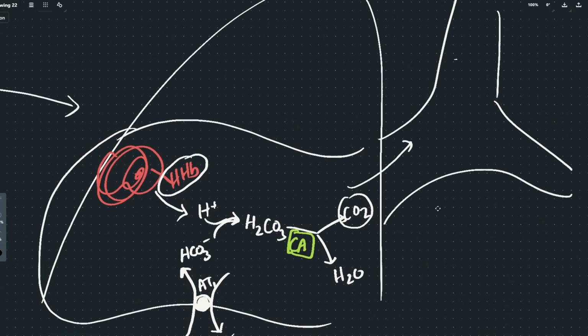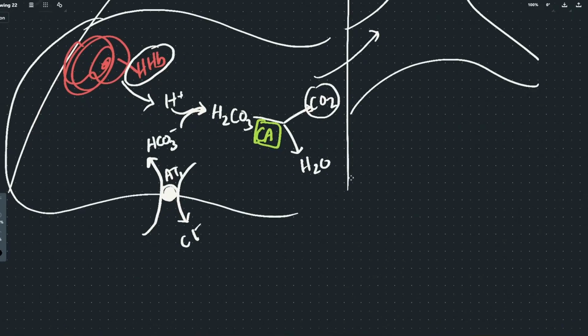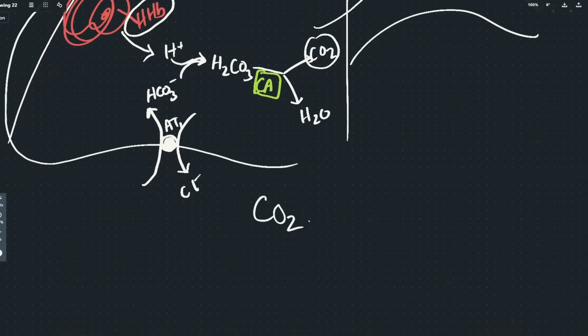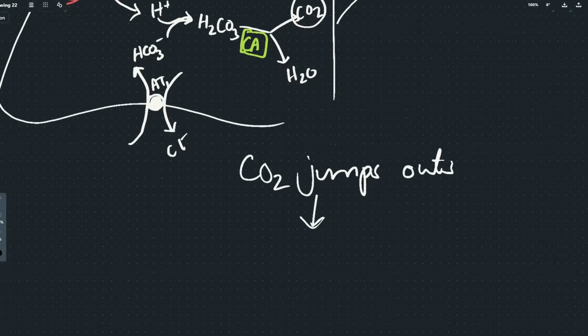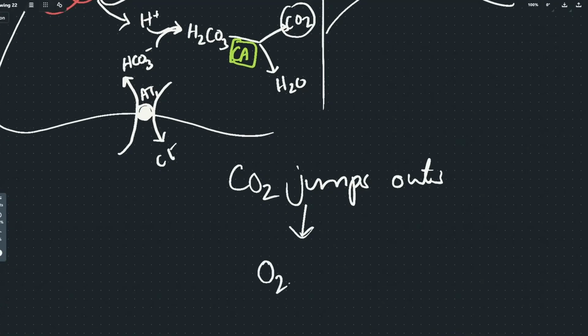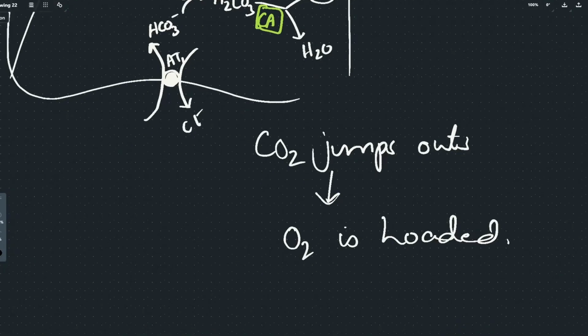Here in the lungs we need to load the oxygen on hemoglobin. So it's very natural that as CO2 jumps out, O2 comes in, O2 is loaded. I can write it like this. So what is this effect?